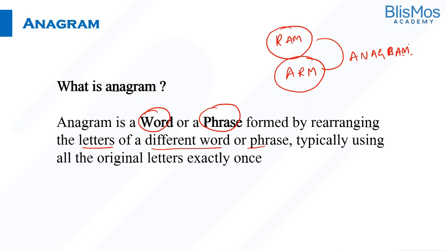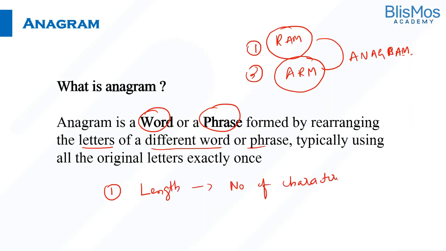If we have to check whether given strings are anagram or not, it has to satisfy two conditions. One is both the strings, string 1 and string 2, should be of the same length. Length should be same, meaning the number of characters in one string is the same as that of the other string.